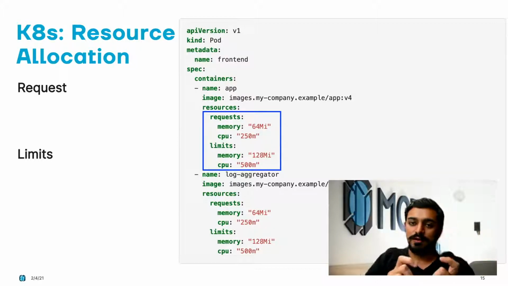And at some points of time when there is not a lot of load on the system, we can also use 128 megabytes of memory. Yeah, so this is the basics, I would say, of resource allocation in Kubernetes.